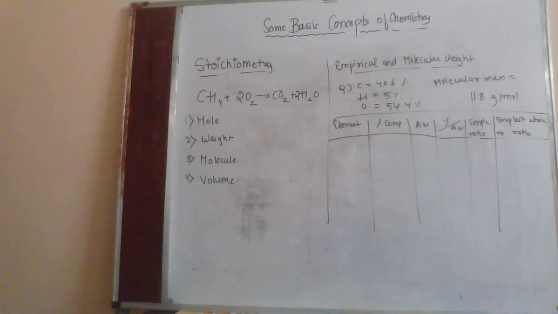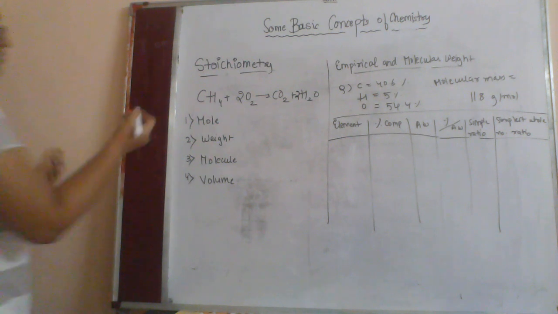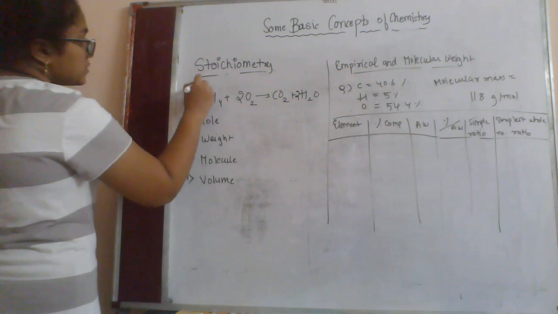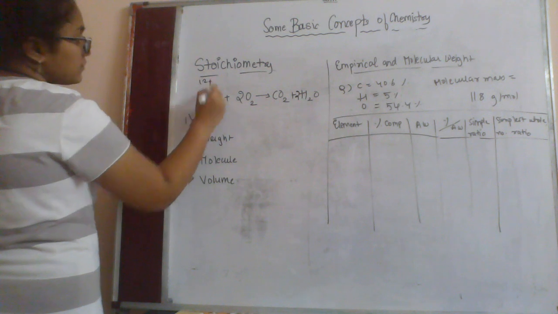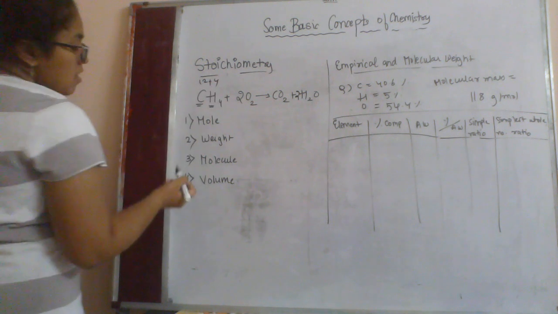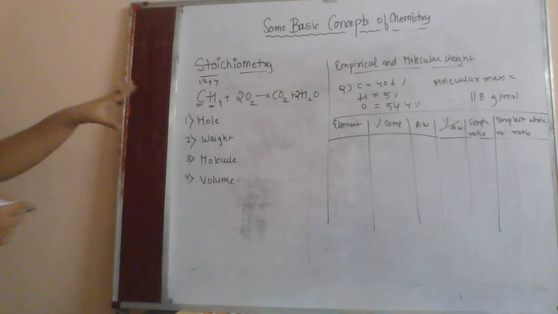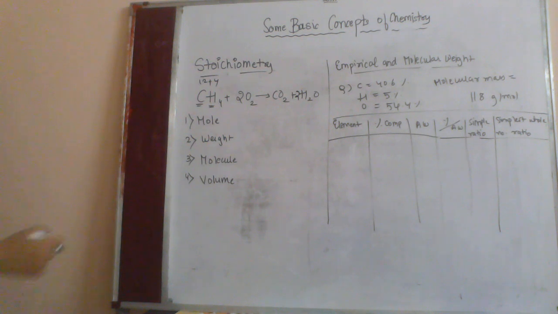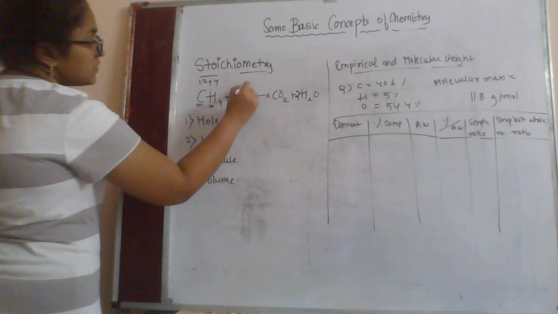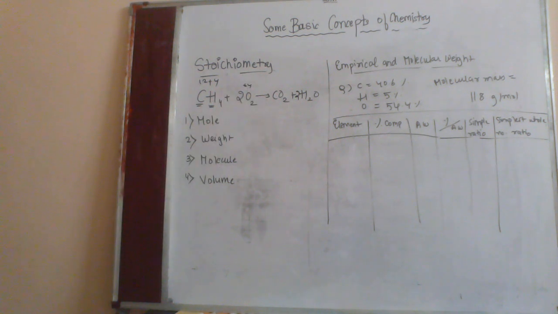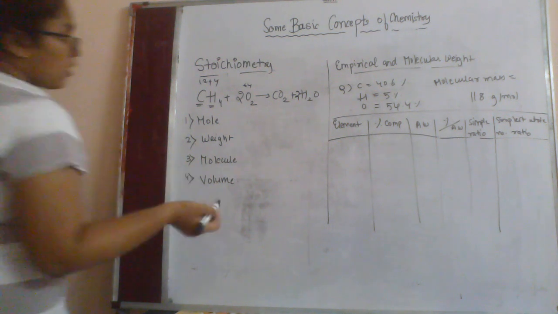Second, we'll talk in terms of weight. For methane, I'll find out the molecular weight. C is 12 plus each hydrogen 4, that is 16 grams. So 16 grams of methane on reacting with 2 2s are 4, 64 grams of oxygen will give me 44 grams of carbon dioxide.